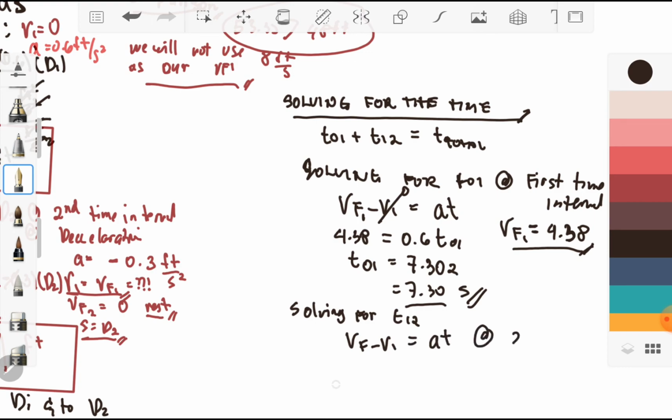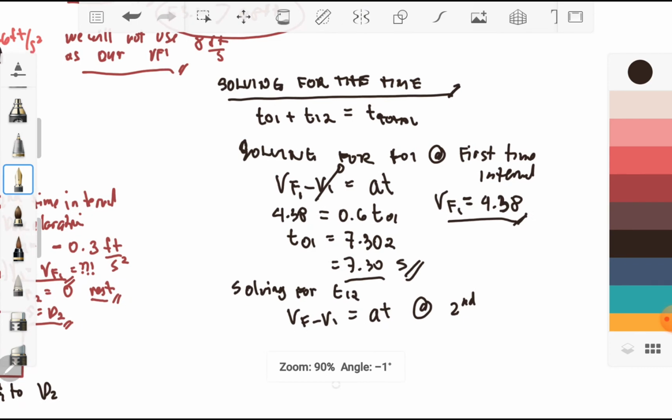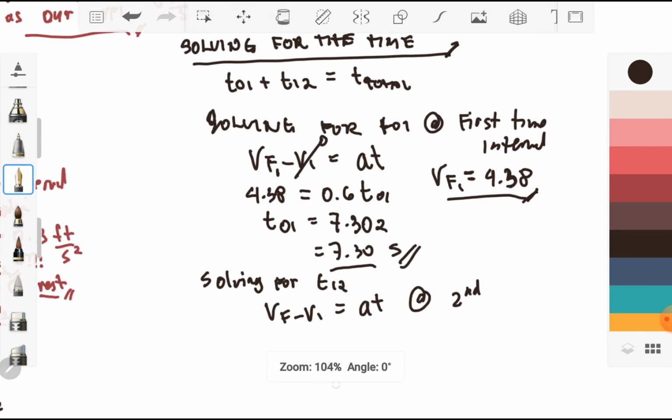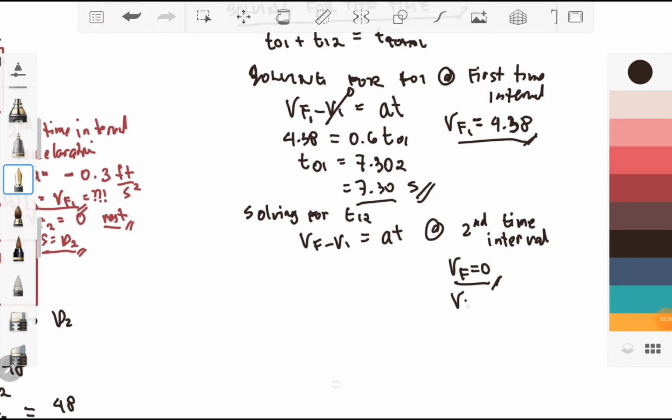So at the second time interval, you will have a value of your Vf equal to 0 kasi nga at rest yan, hihinto siya at rest, and your Vi will be equal to your Vf1, which is basically equal to our 4.38.